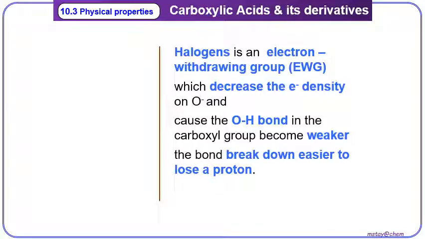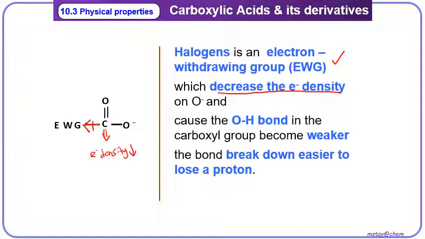Now let's explain how the EWG can increase the acidity. Based on this statement, halogen is an example of the EWG, which will decrease the electron density. Because the EWG withdraws electrons from this carbon, the electron density decreases.